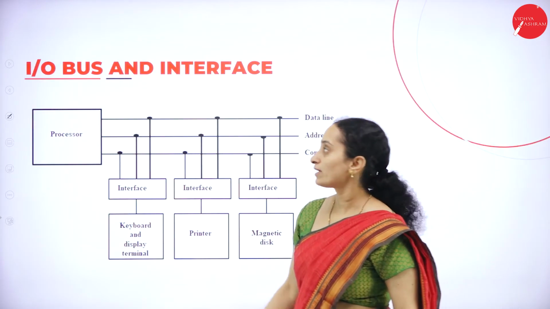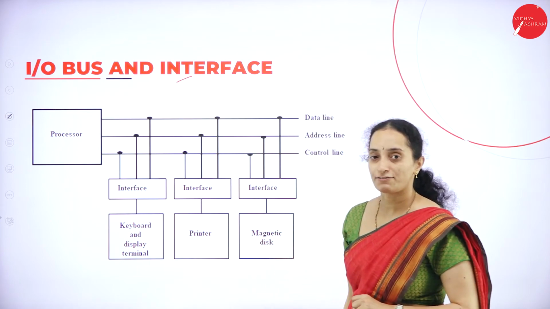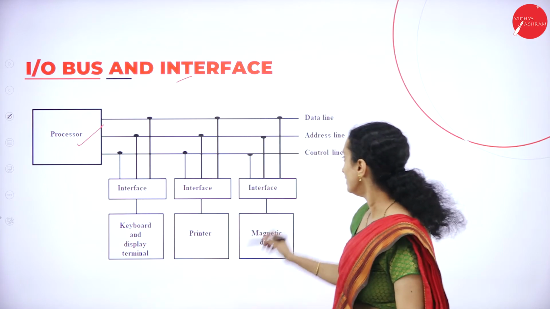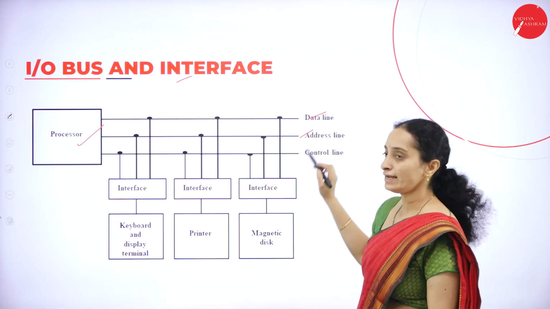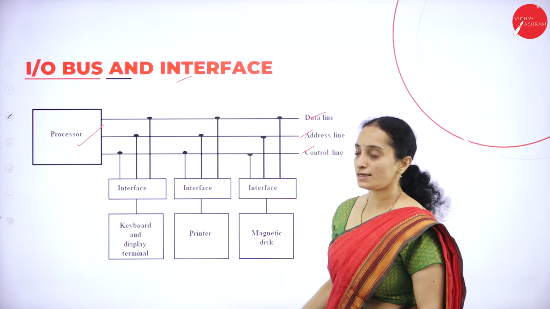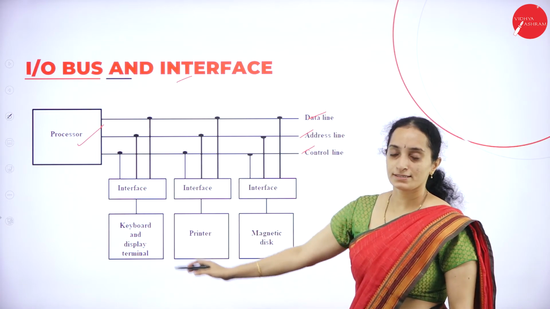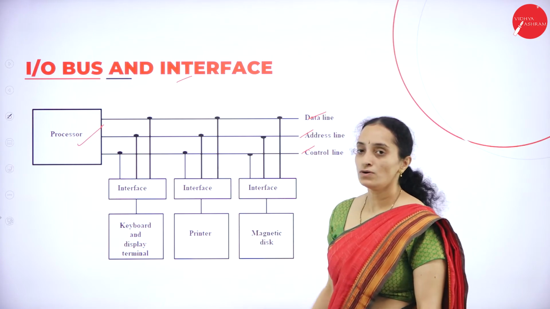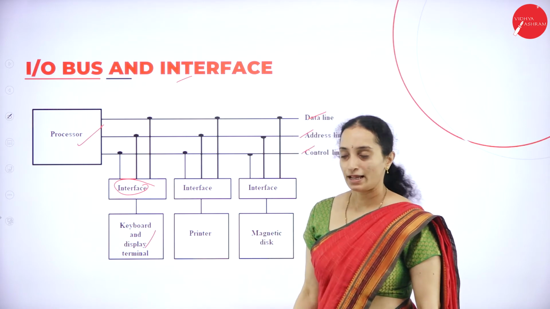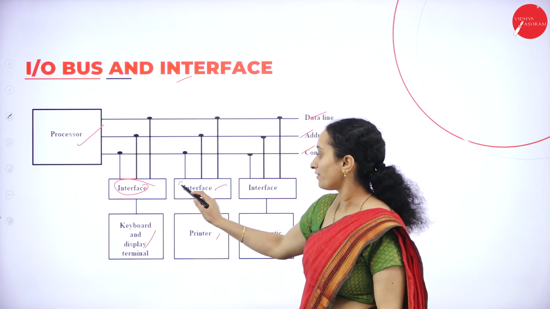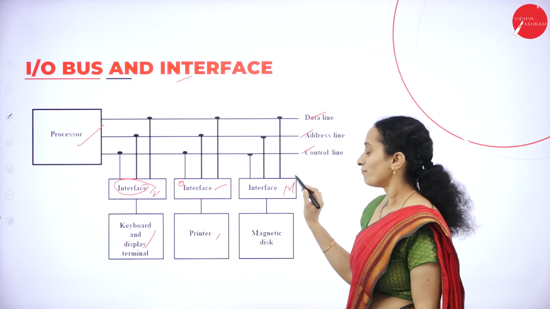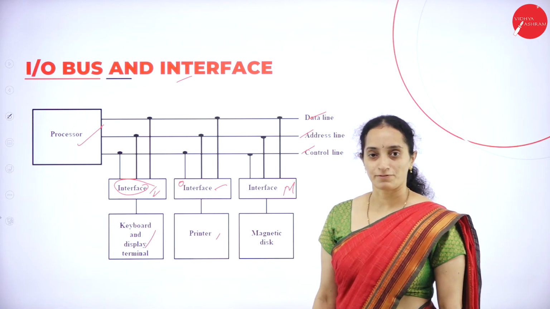Okay. Now we shall look at the I/O bus and its interface, and how they are connected. Here we have the processor, the data bus or data line, the address line, and the control line. All the interfaces and components are connected through the control line. Then we have the interfaces: the input interface, the output interface, and the memory-related interface.